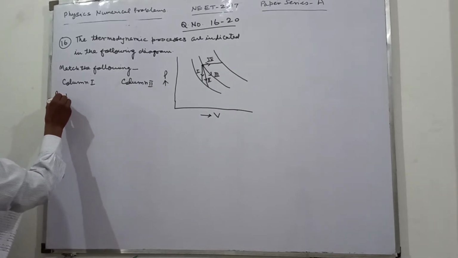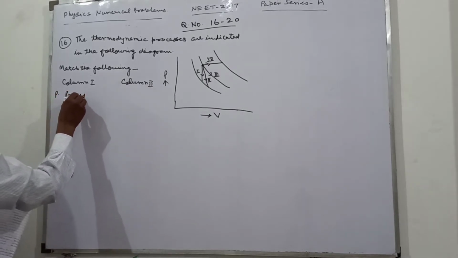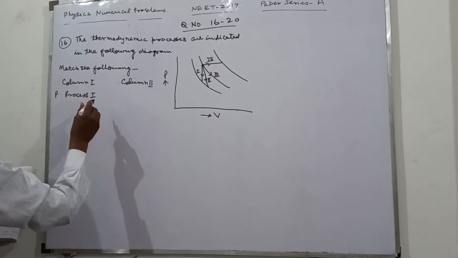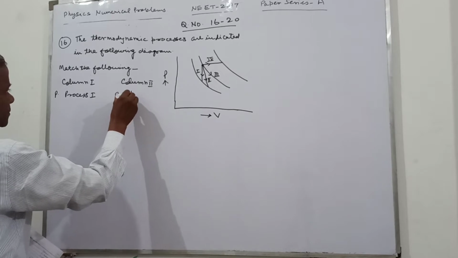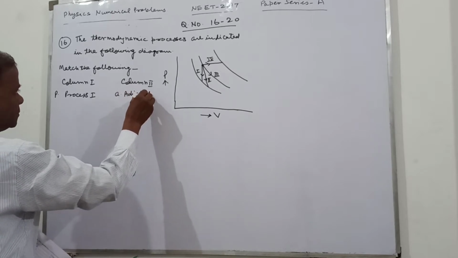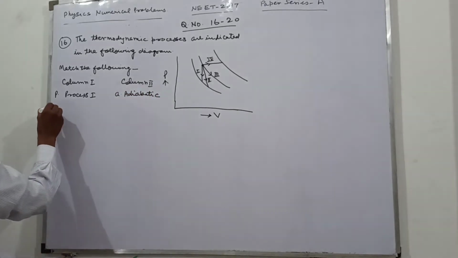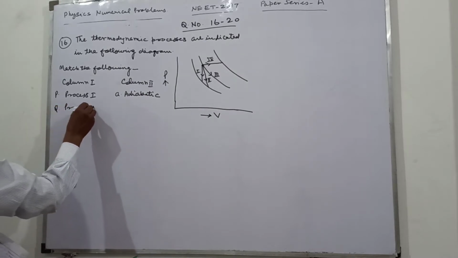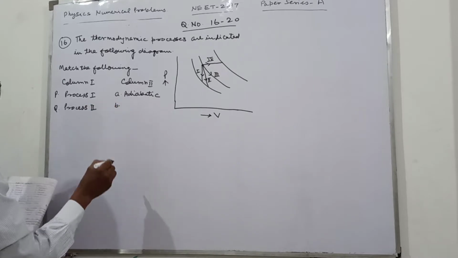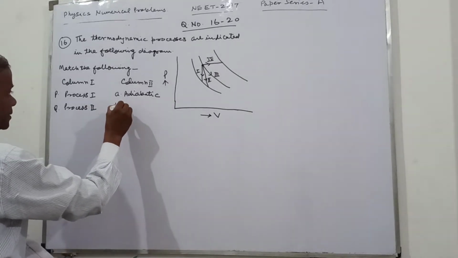Now this is P, process first. This is A, adiabatic. Q, process second, and B is isobaric.